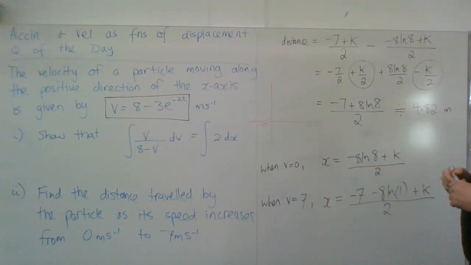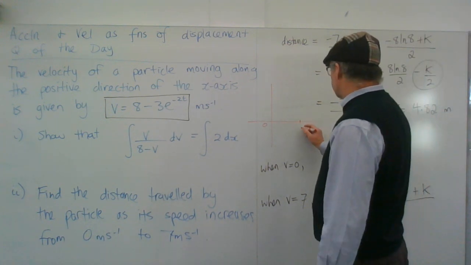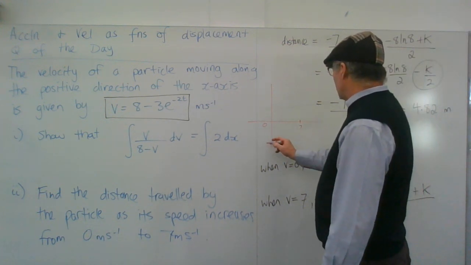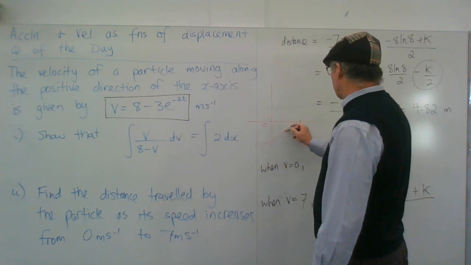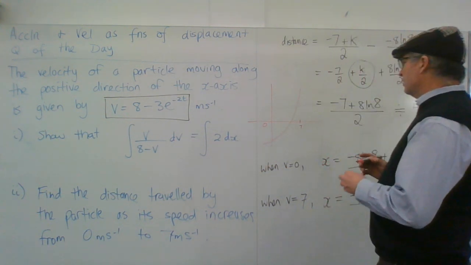So if I'm trying to do a picture of the graph, if that's 7 there, it's going to increase up like that.